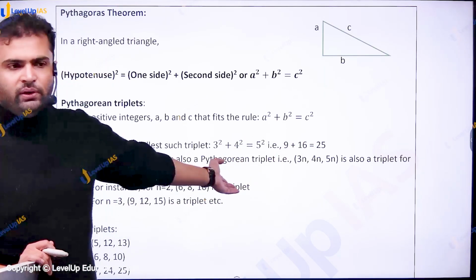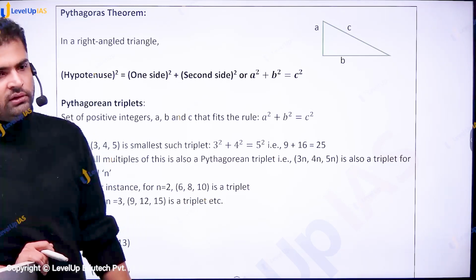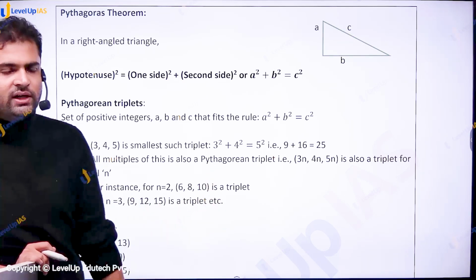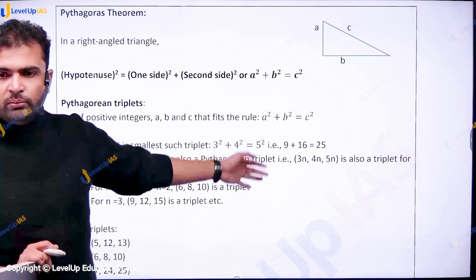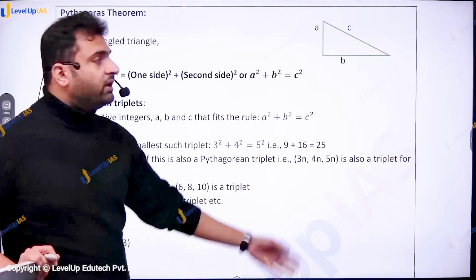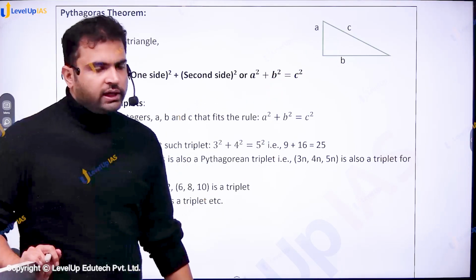So 3, 4, 5 is called a Pythagorean triplet. समझ गए? A Pythagorean triplet is a set of 3 numbers such that they follow the rule of Pythagoras theorem. In other words, they can form the sides of a right angle triangle, right?